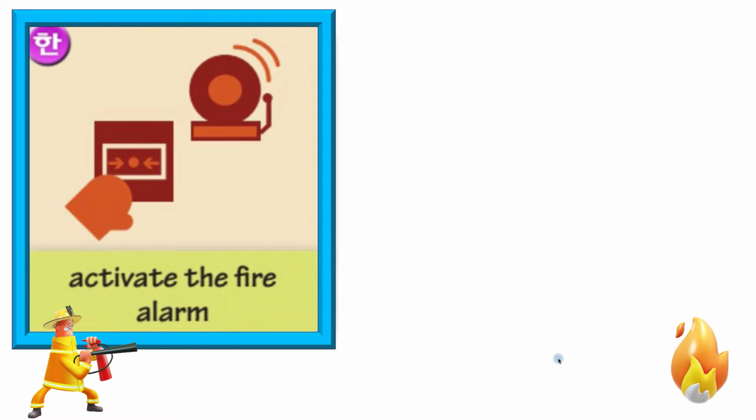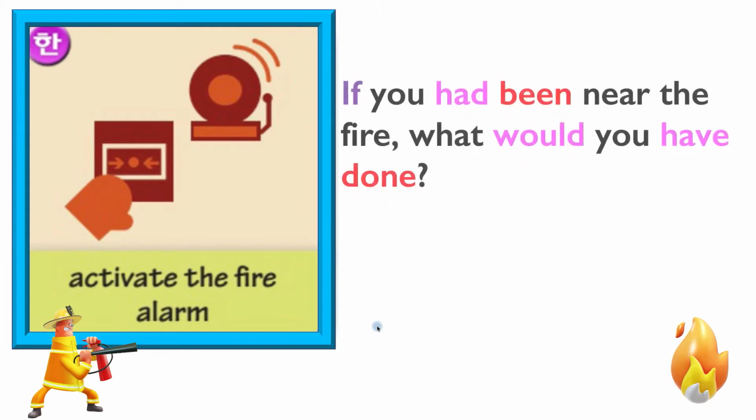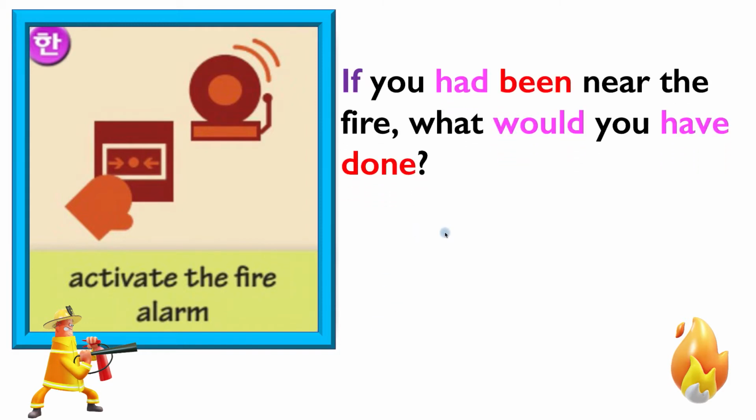So looking at the first picture and the first example, you can see the situation down here is to activate the fire alarm. That means I press the button. You press the button to activate it. To relate back to the grammar before, because it's to make this an if conditional. Why would you ask this question, what would you have done?